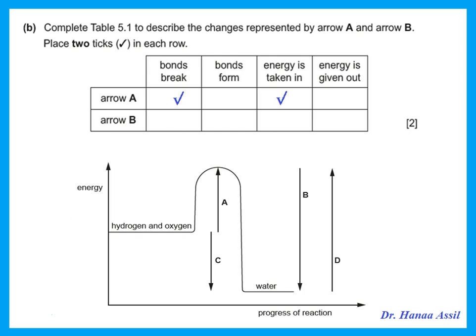So in this case, we are forming the bonds in the water, and when we form bonds, this gives out energy. Remember, bond breaking is endothermic. To break a bond, energy needs to be taken in. But bond formation is exothermic. When bonds form in the products, they give out energy.